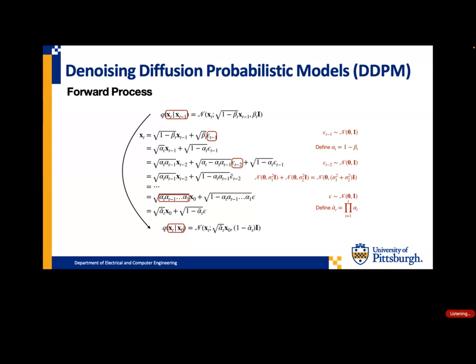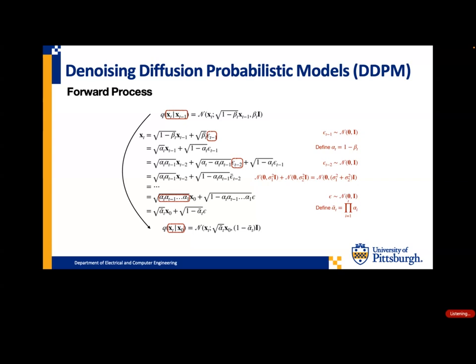If we define alpha t bar as the multiplication of all these terms, we get square root of alpha bar t times x0 plus square root of 1 minus alpha bar t times the noise.